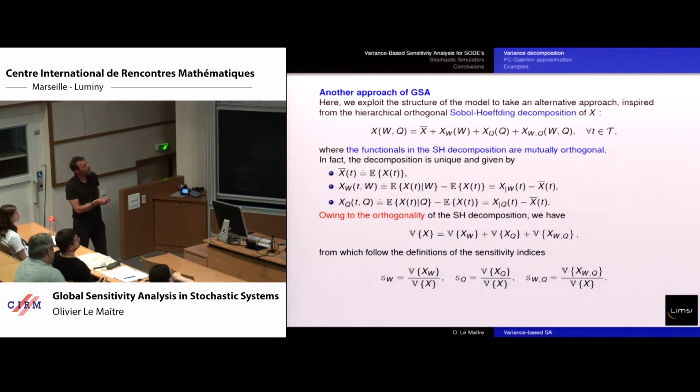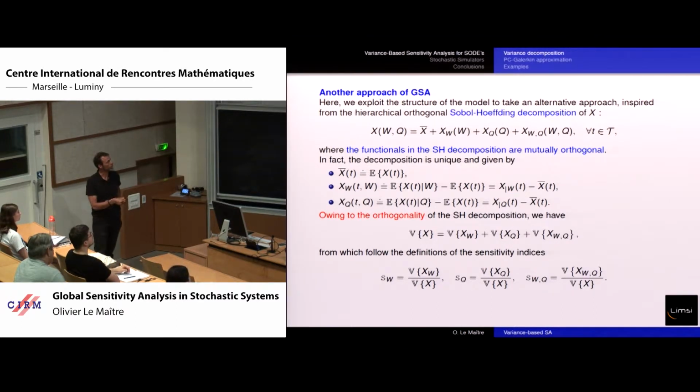So for instance, the function that depends only on the Wiener is the conditional expectation of X given W minus the full expectation of X. Okay, and you have this. So because these functions are orthogonal, you have immediately the decomposition of the variance. You can normalize the partial variances, and you get what we call the sensitivity indices.